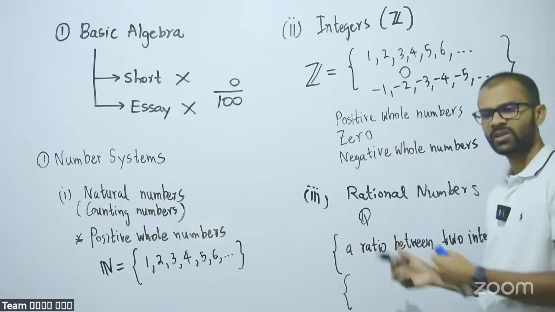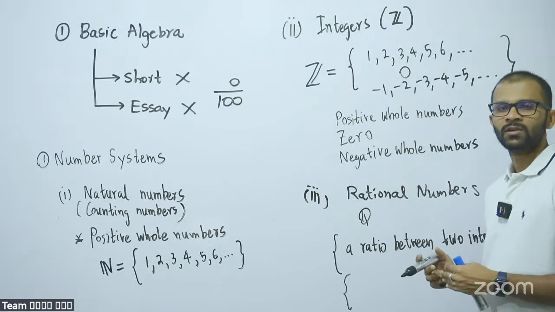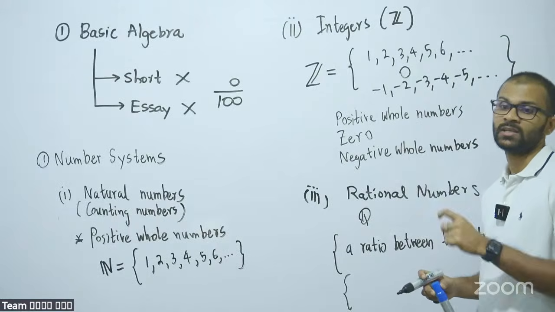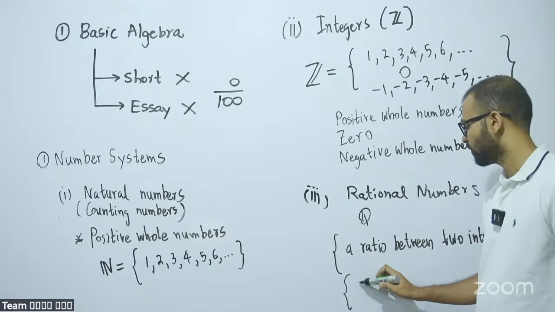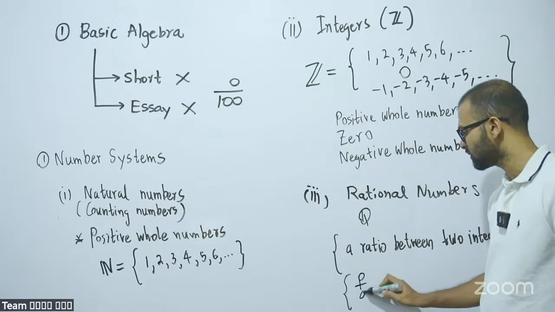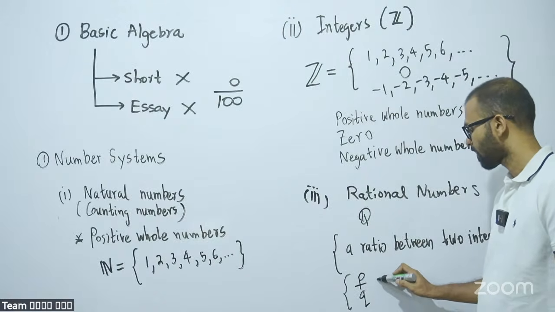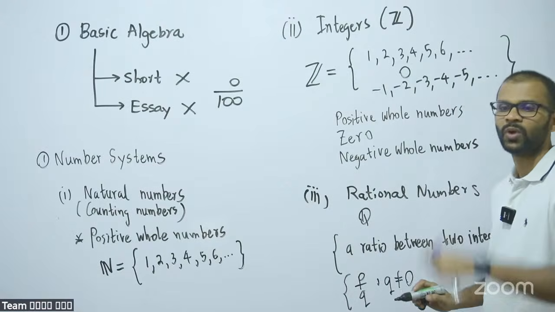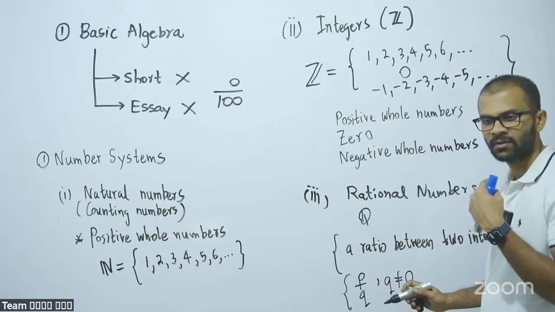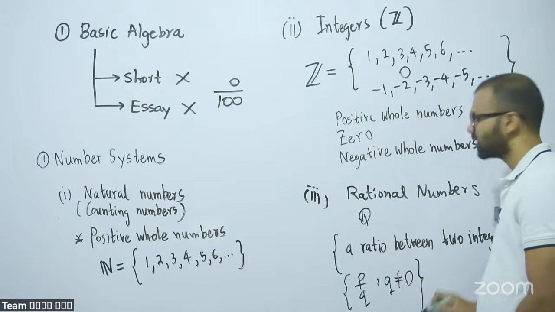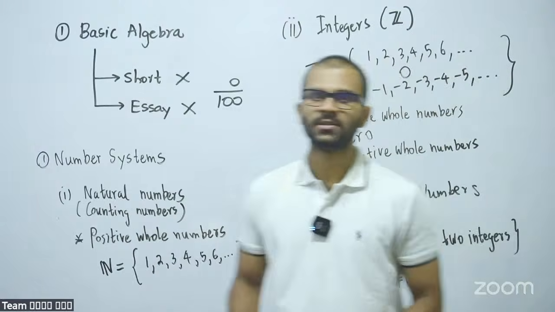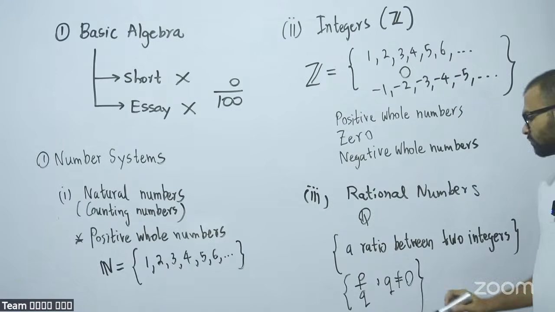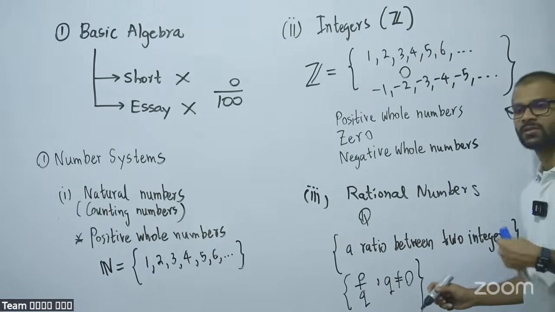So whenever we are taking the ratio, we have to make sure that we are not making the denominator 0. So we are taking two integers. Q is not equal to 0. So whatever the rational number you generate, the denominator must be non-zero. Denominator cannot be 0. If it is 0, it is not defined.